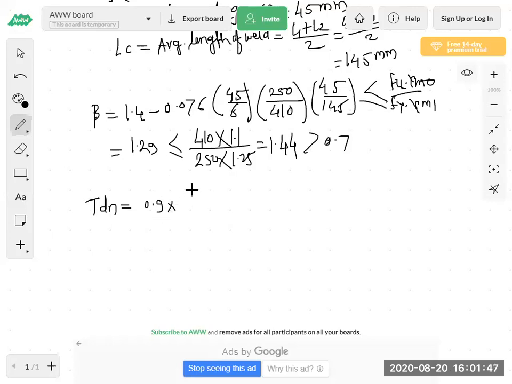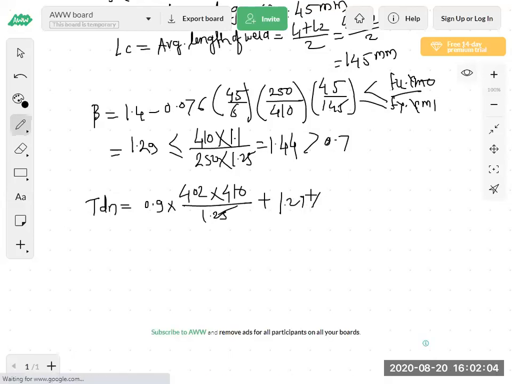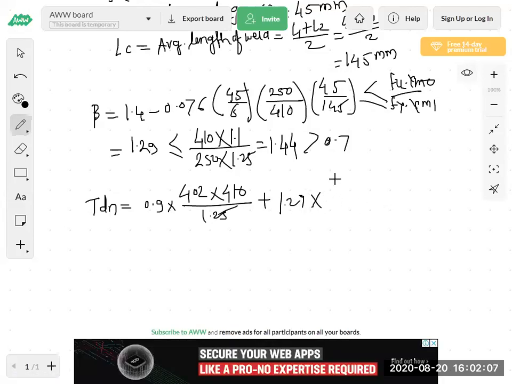How much ANC? 402. 402 into Fu. Fu is 410 divided by gamma m1, 1.25. Yes. Plus beta. Beta is 1.29 into AGO, 252. 252 into here Fy 250 divided by gamma m naught is 1.1. How much? 192.67. Yes.